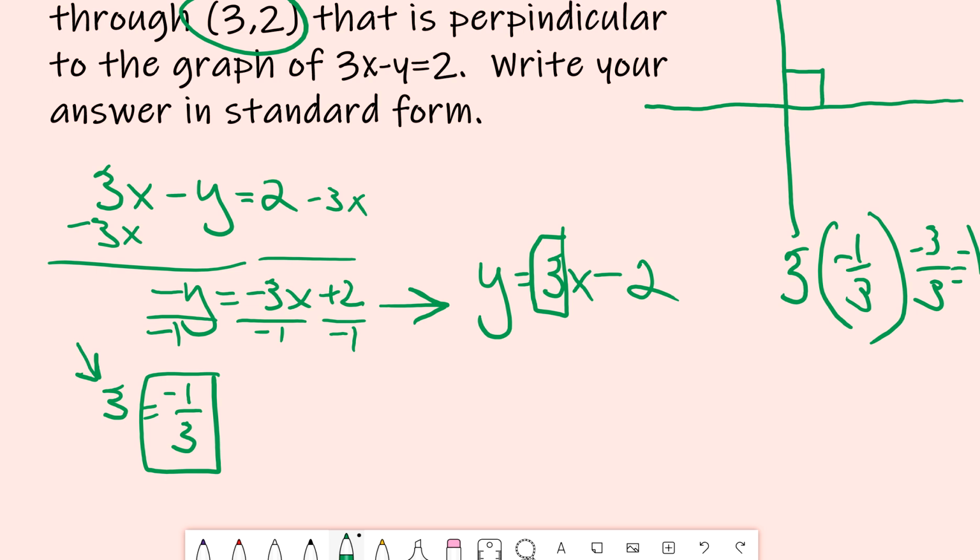I'm on a roll a little bit, so I'm going to practice with you now. If I have a slope that is 2 over 3, what would be the slope of the line that would make it perpendicular to this slope?